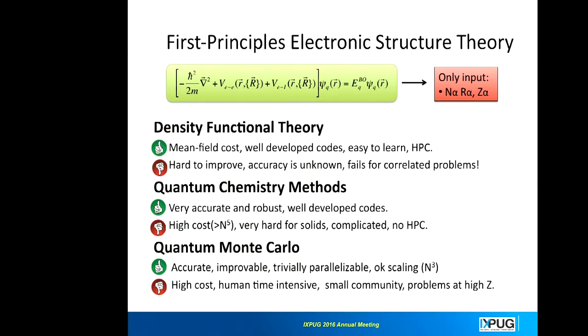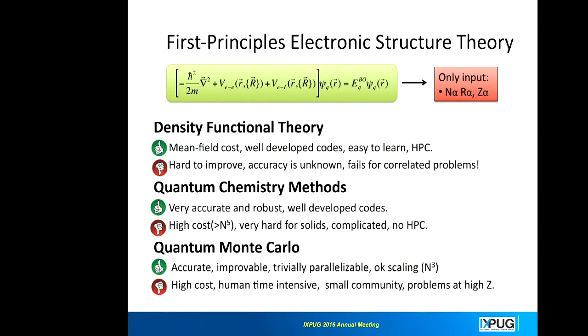In these electronic structure methods, the main goal is solving the many-body Schrodinger equation. As a cheap method, you have density functional theory. It's a mean field method, but it's cheap and can be parallelized on HPC.